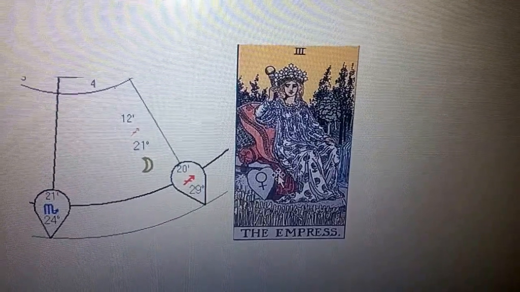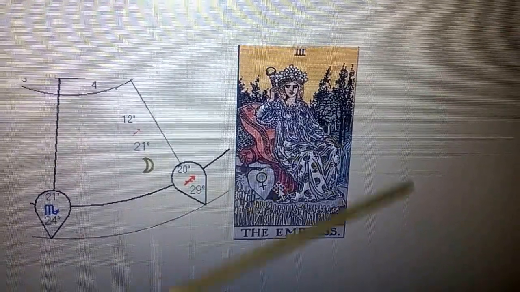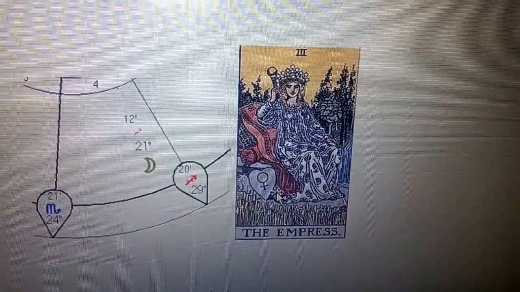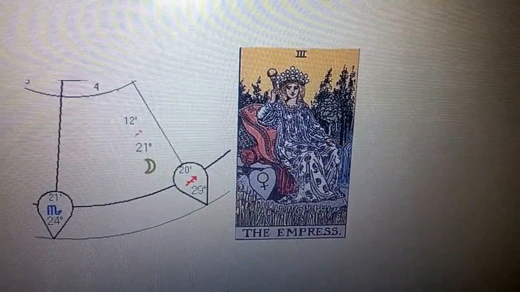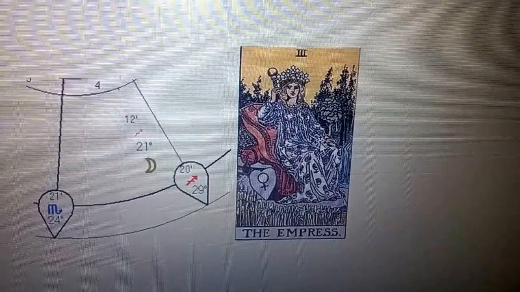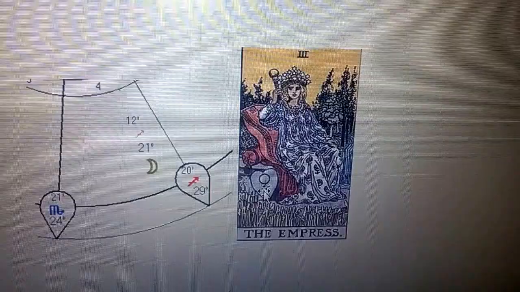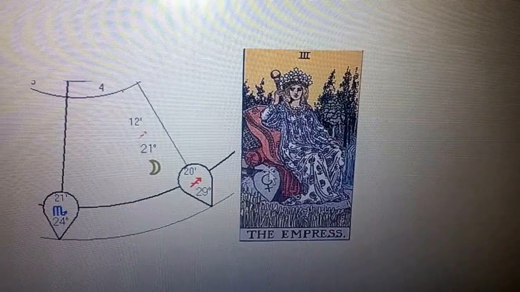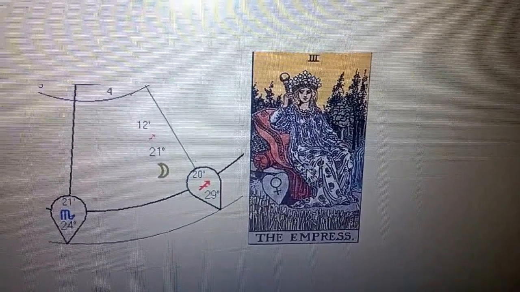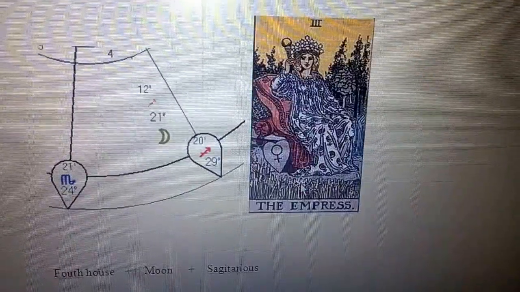So we have a luxury-loving persona who demands things, lives in luxury. She's surrounded by bounty and the beauties of nature and comfort. She's very comfortable. I want lots of food, I want lots of wine, I want lots of pleasures, I want to feel good.